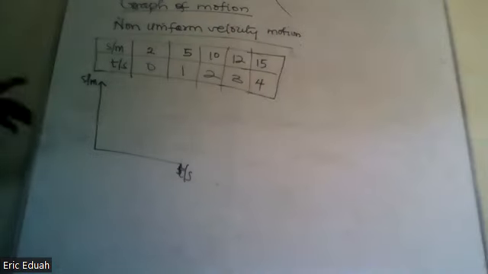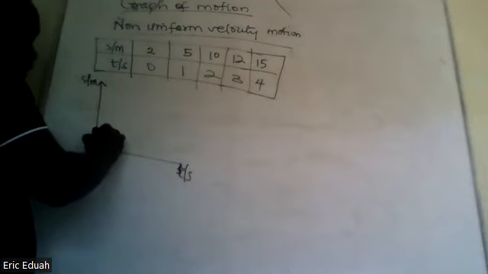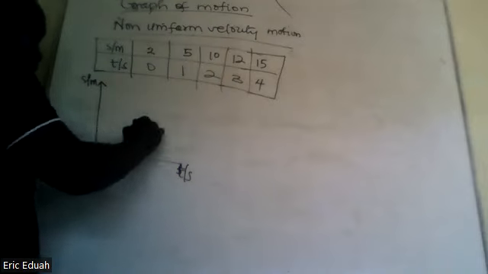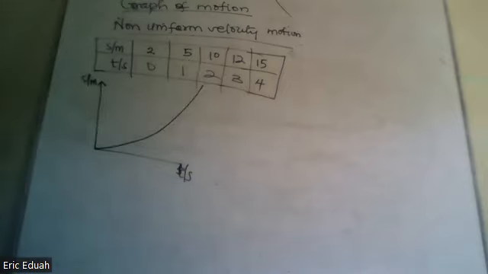Okay. So when you plot such a graph on a scaled graph, you have a curve like this. Because the changes in displacement don't occur within equal intervals, it won't give you a straight line.